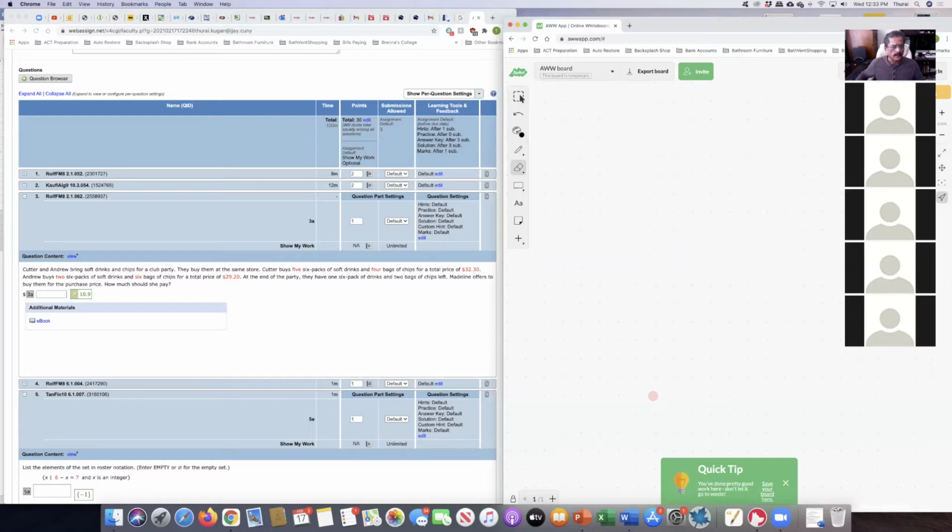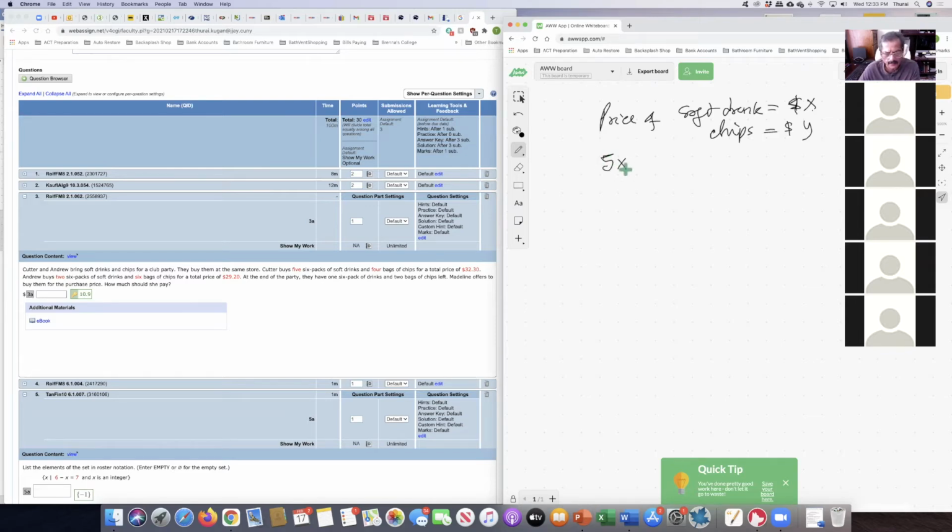So the prices are unknown. The price for the soft drink will be X dollars. So X and Y are dollars. The other one is chips. So chips will be Y dollars. Then in the first purchase, 5 6-packs of drinks. So that'll cost you 5X, right?